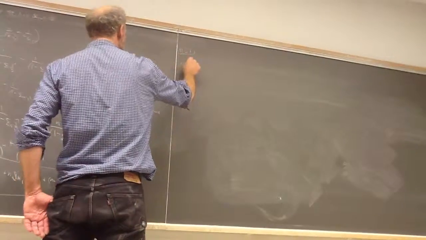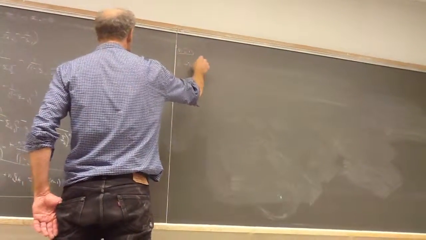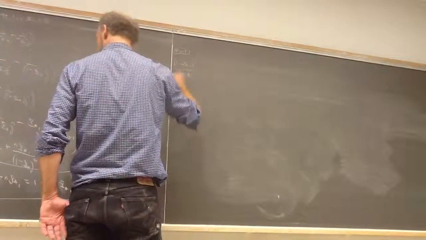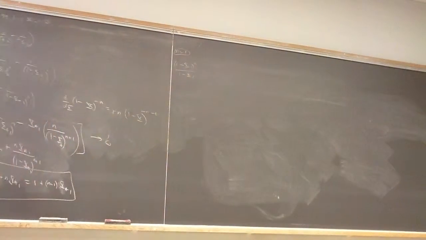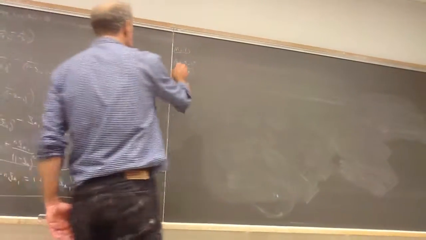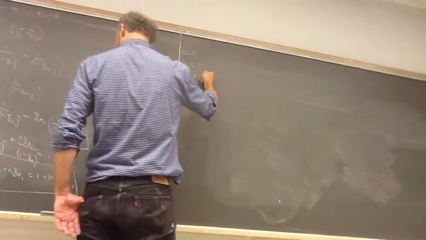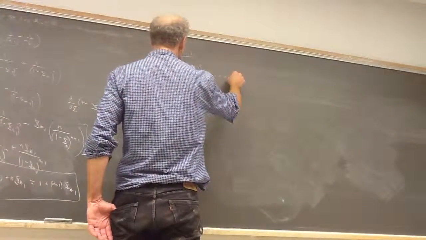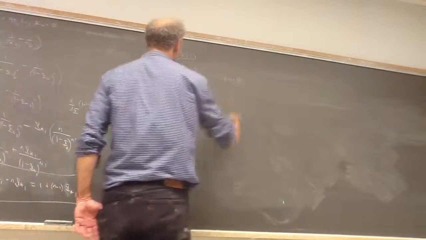And that's just 1 minus x1 squared over 1 minus x2. Did I lose an nth power here? There was an nth power. But x2 is known. It is equal to 1 plus n minus 1 x1.